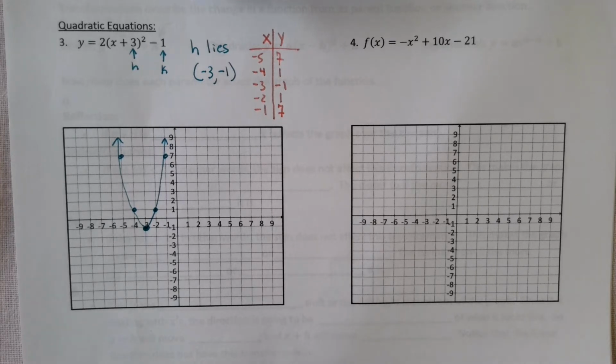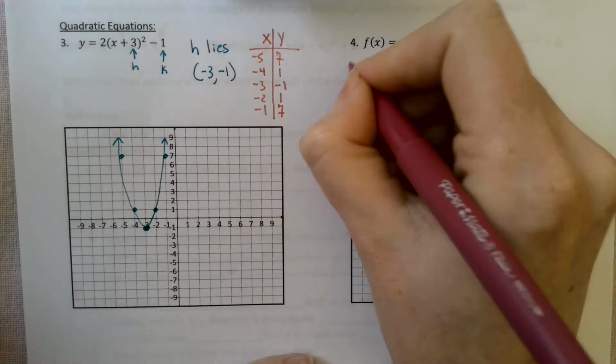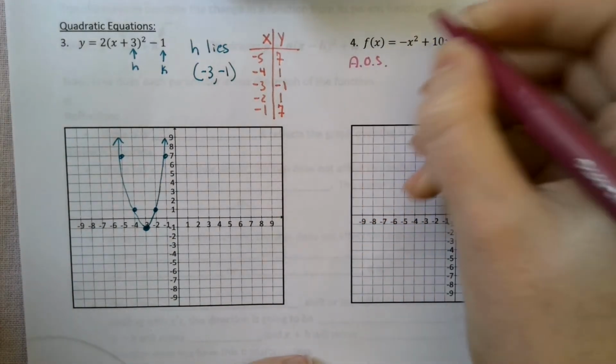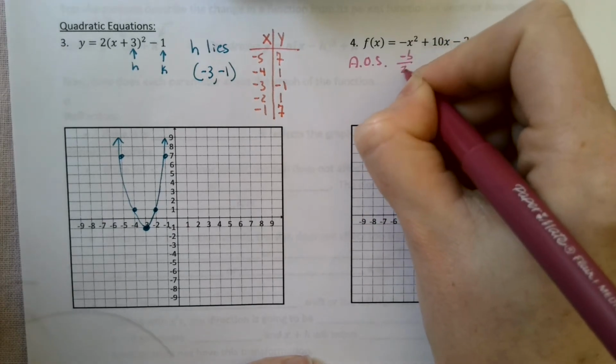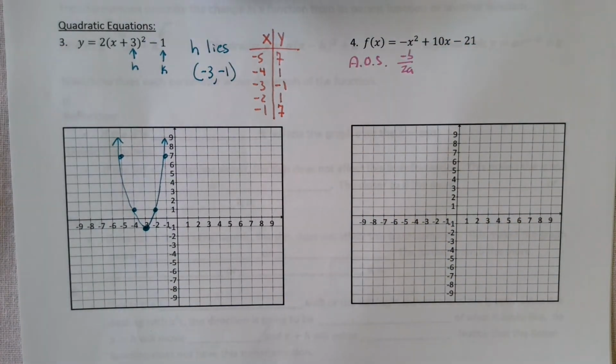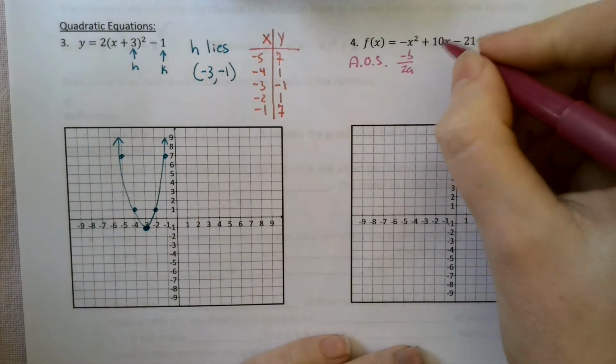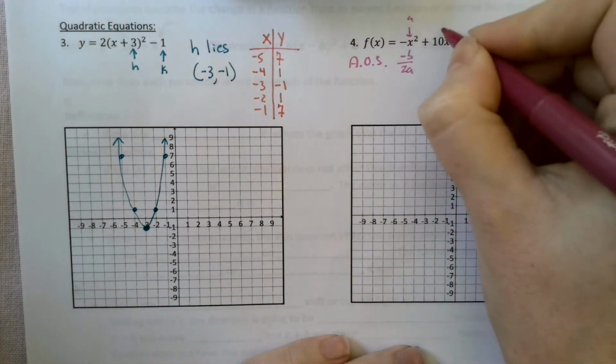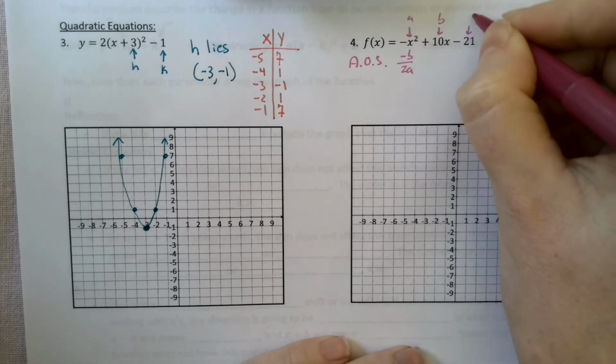For number 4, this one is in standard form. So if you remember, we need to find our axis of symmetry using the -b divided by 2a. And then we need to substitute it back into our equation, okay? So for -b, remember this is our a, our b, and our c.